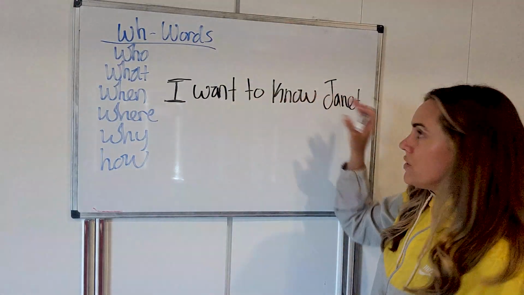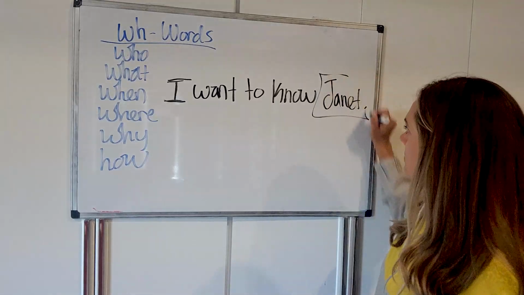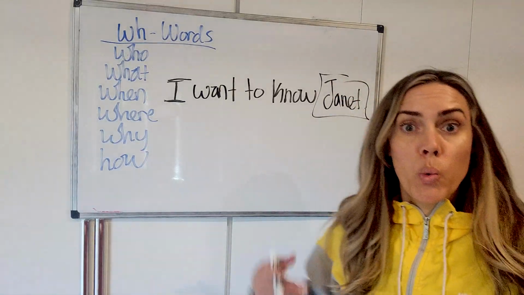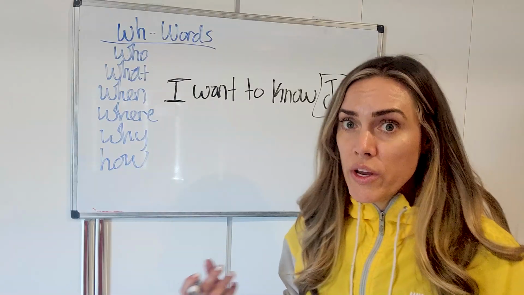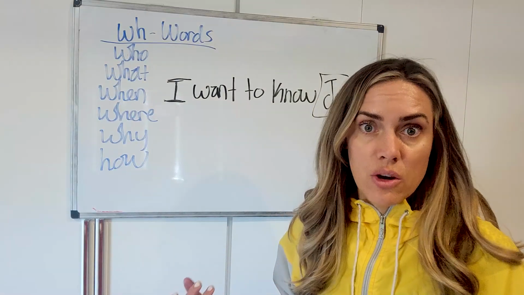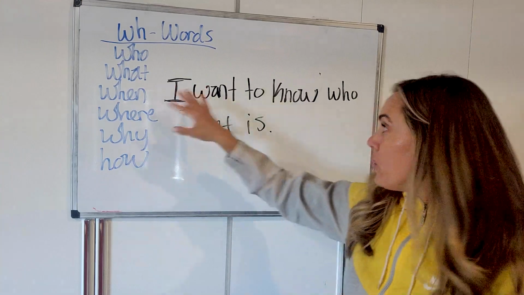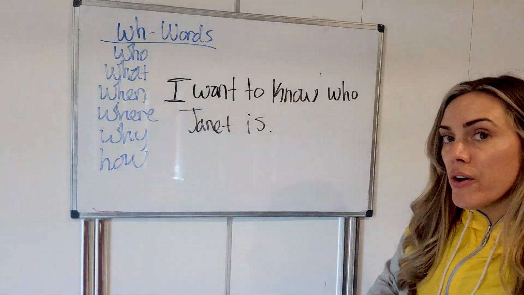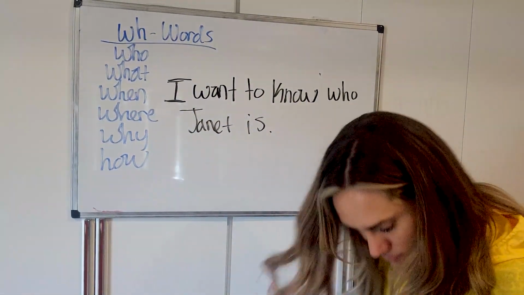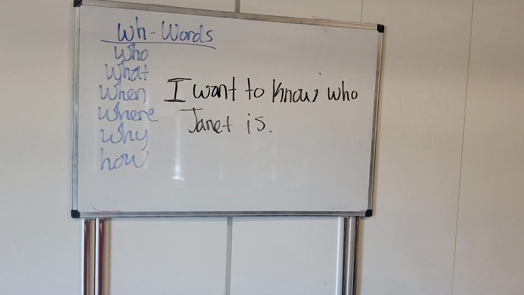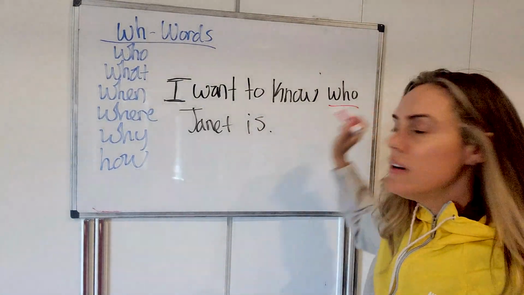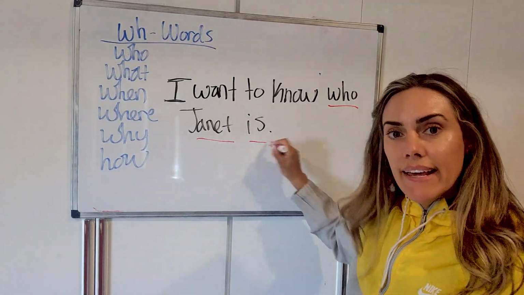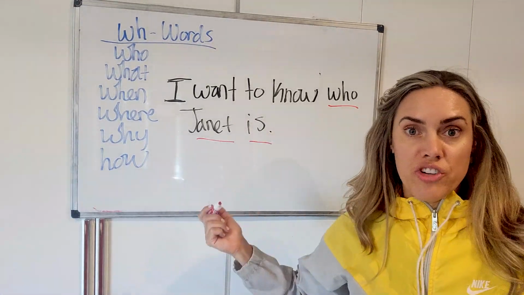I want to know Janet. Janet is a noun. We can replace that noun with a noun clause. Let's say we don't know who Janet is and we want to know who she is. I want to know who Janet is.